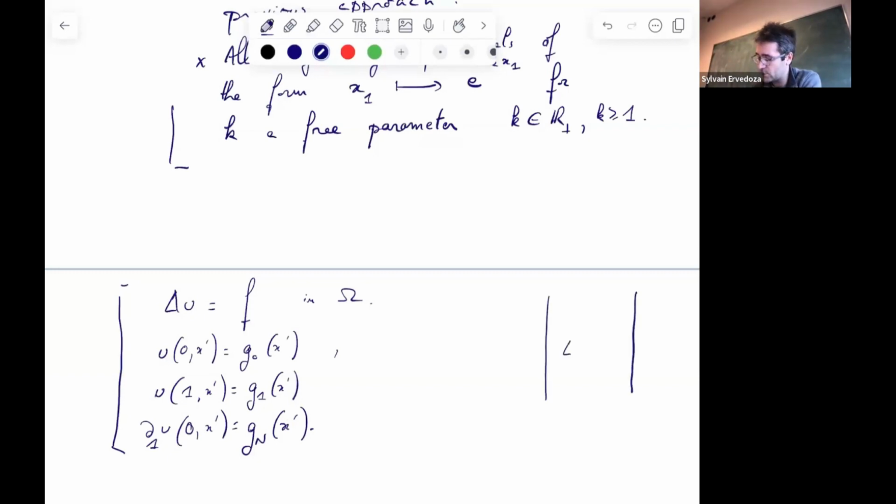So here I have Laplacian u equal to f. Here I have Dirichlet plus Neumann boundary conditions. And here I have only Dirichlet.